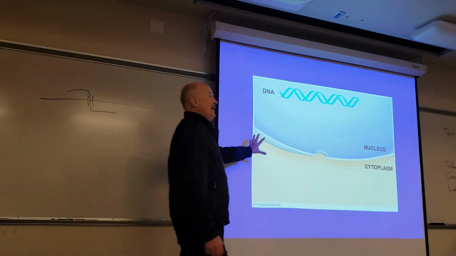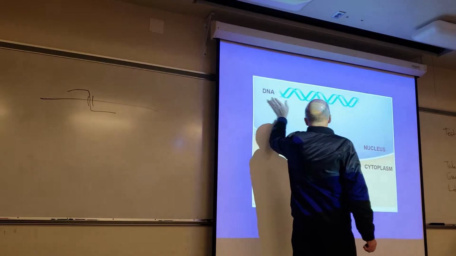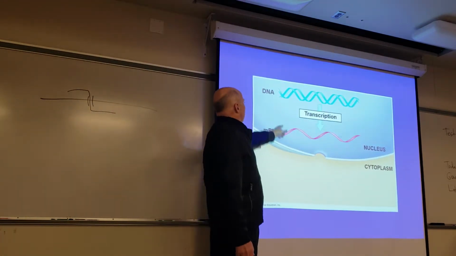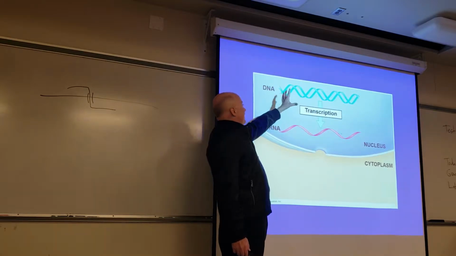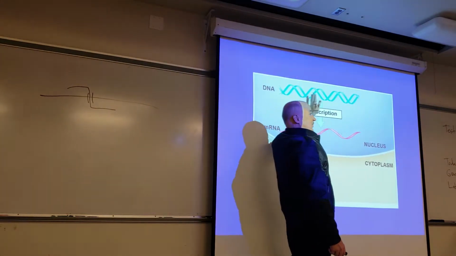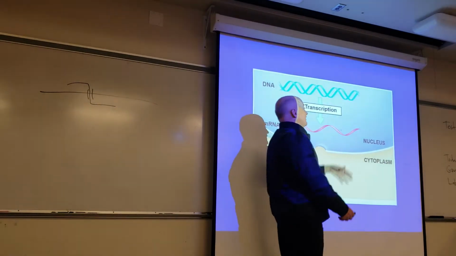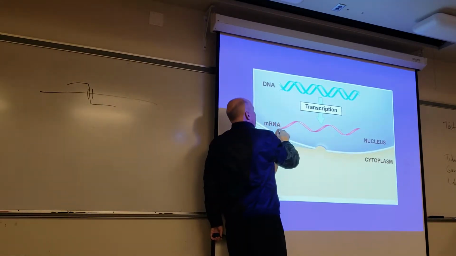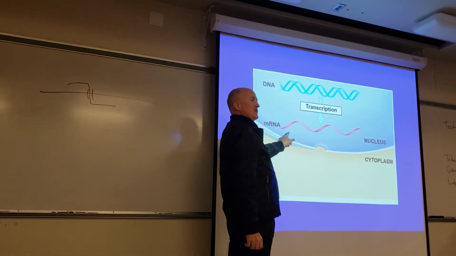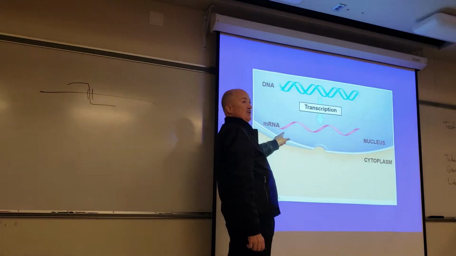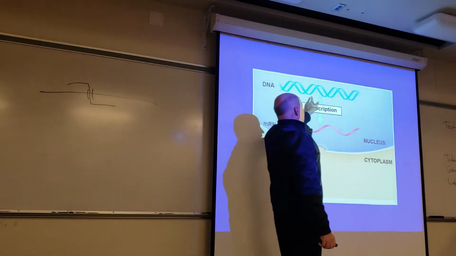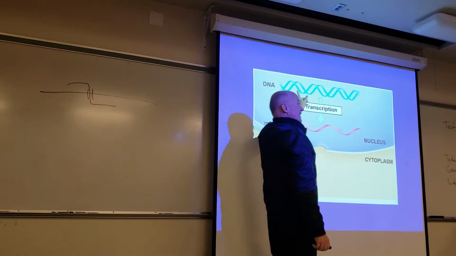So if you have this arrangement, you've got a nucleus, it's got your chromosomes, has all these DNA molecules. What you're doing is identifying a section of the DNA molecule that has a particular gene on it, and that section is getting copied into a single strand of messenger RNA. Messenger RNA is single-stranded, so it's only copying one of these strands of the DNA.